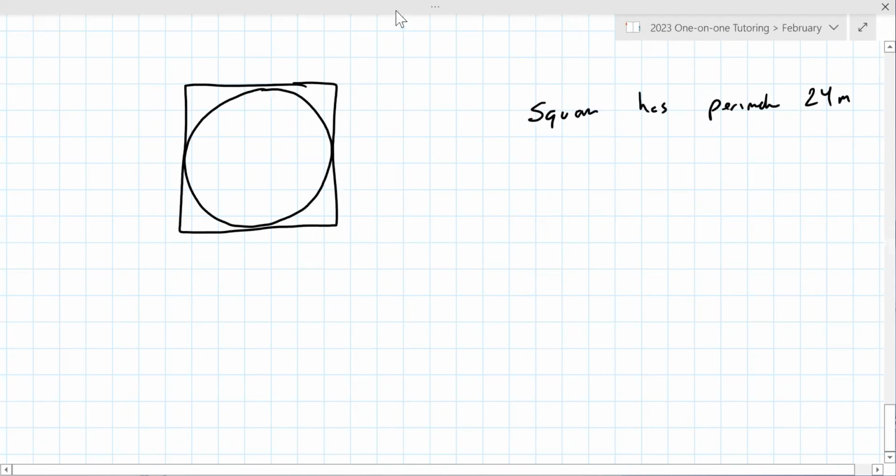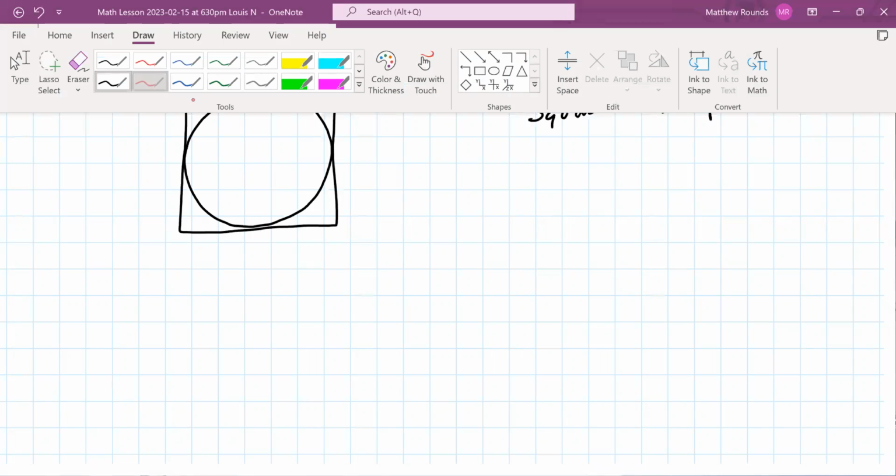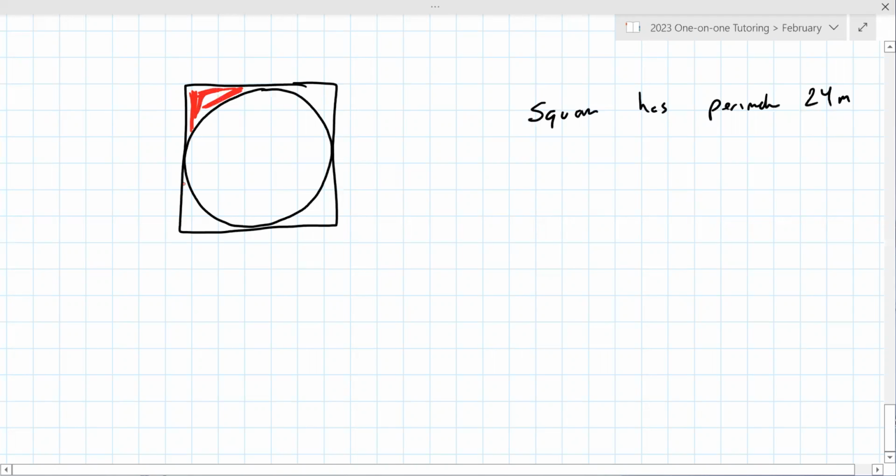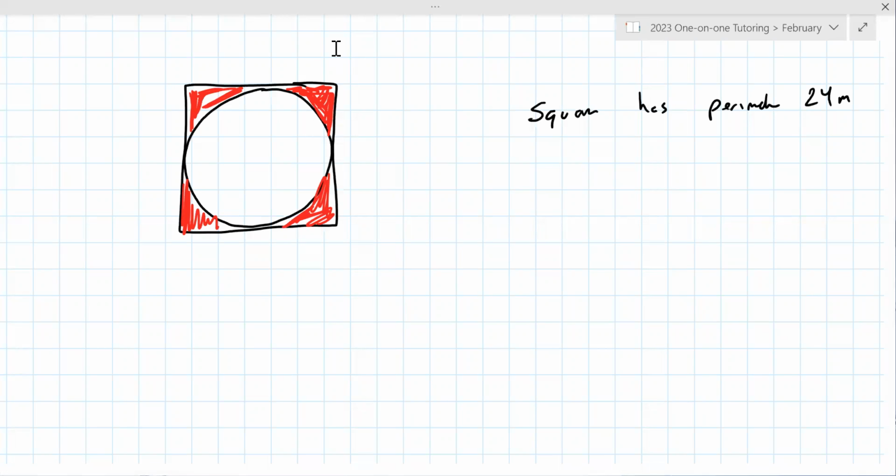I want you to find the area of the red this time. 24 divided by 4 is 6. Okay. So that's the diameter.